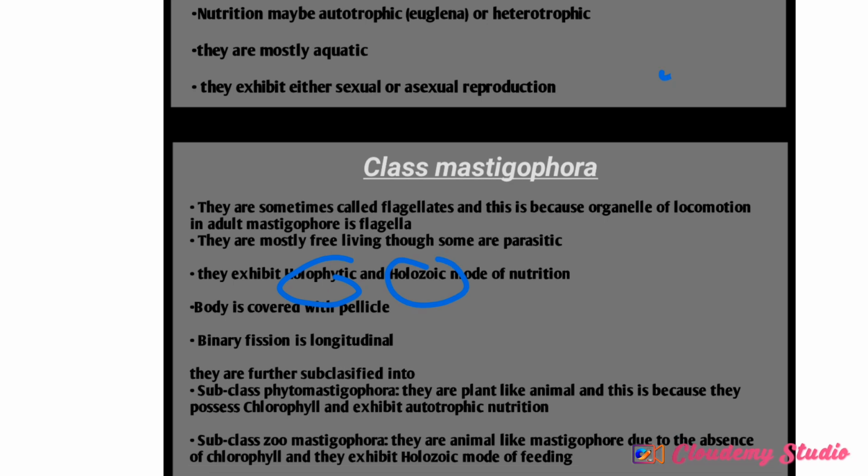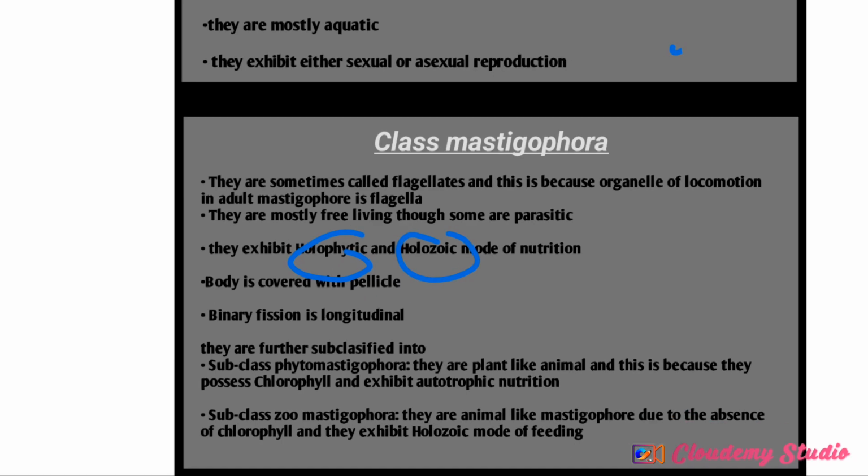Now, binary fission is longitudinal. That is, whenever they want to divide, they divide along the length. You understand? I'll still say that when we get to the life cycle of mastigophorans. They are further classified into two. That is, they are either subclass Phytomastigophora or subclass Zoomastigophora.